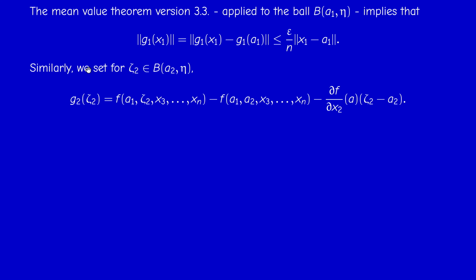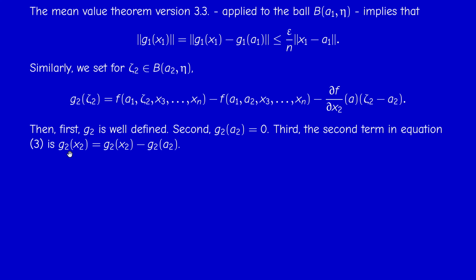And similarly, for the next line, I set G2 of zeta2. For zeta2, of course, close enough to a2 in order for everything to be well defined. So G2 of zeta2 is the second line, but we replace x2 by zeta2. So this is well defined. When I put a2 instead of zeta2, I get again 0. The reason why we introduced this function is that when I replace zeta2 by x2, I get precisely the second line in equation 3.